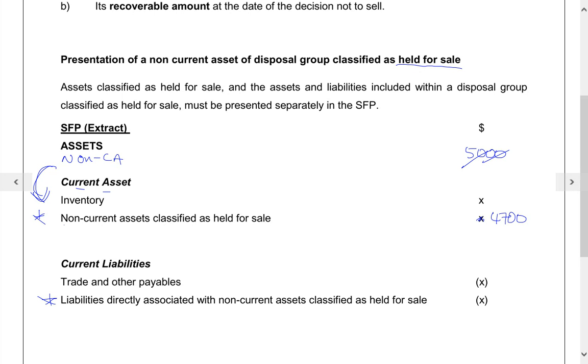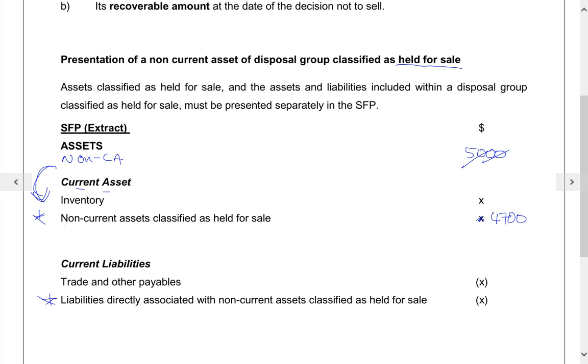Question: now that I meet the condition and reclassify to current asset as non-current asset held for sale at 47, can I continue to use the asset? Can, but it must be available for immediate use. Do I depreciate this 47? Answer: no, we do not depreciate.